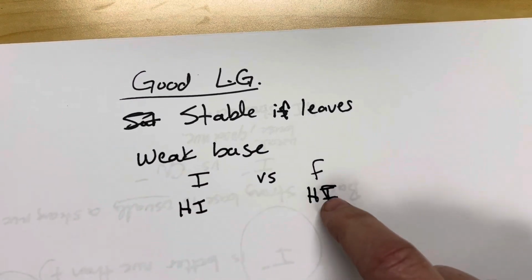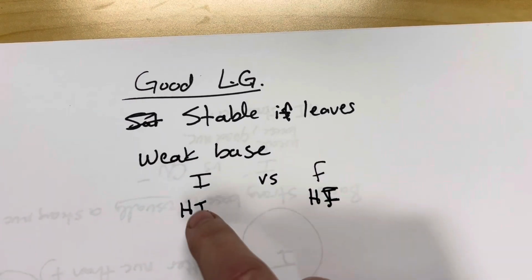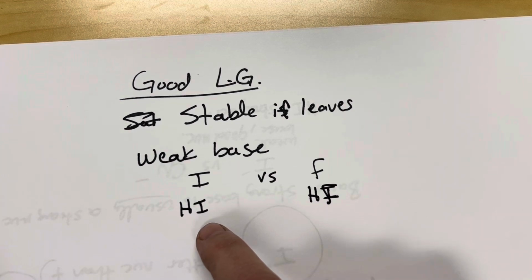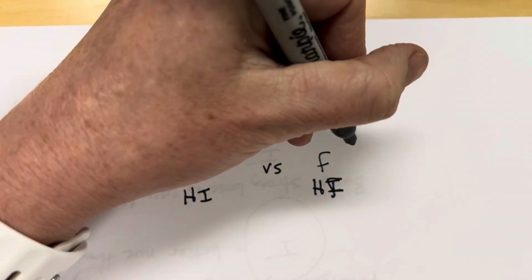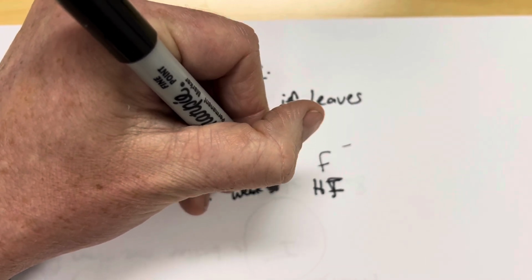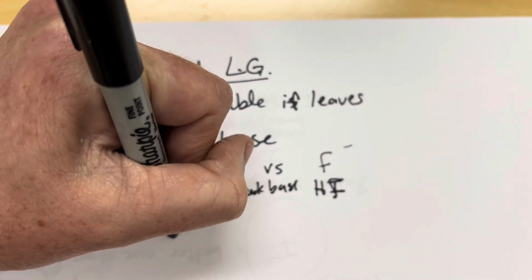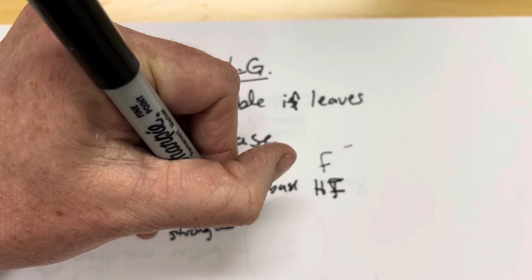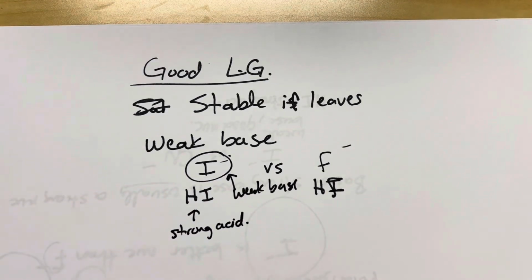This is a strong acid, this is a weak acid. So this would have a weak base, but this would be an incredibly, incredibly weak base. And again, that's because this thing is a strong acid. It's your list of acids you should have memorized a long time ago.